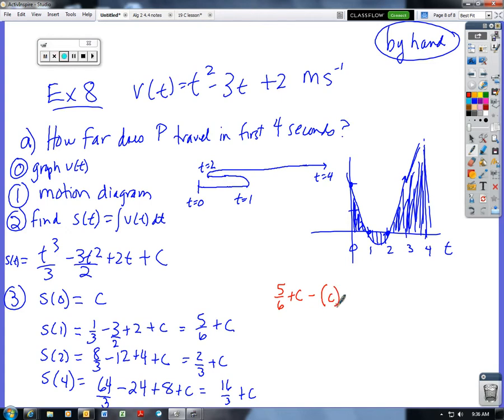So that means we travel the distance of 5/6 units, in this case meters, going from 0 to 1. Then I have to do s of 1, which is 5/6 plus c, minus s of 2, which is 2/3 plus c. And the c's are going to cancel, and 5/6 minus 2/3, I guess I could do the math real quick.